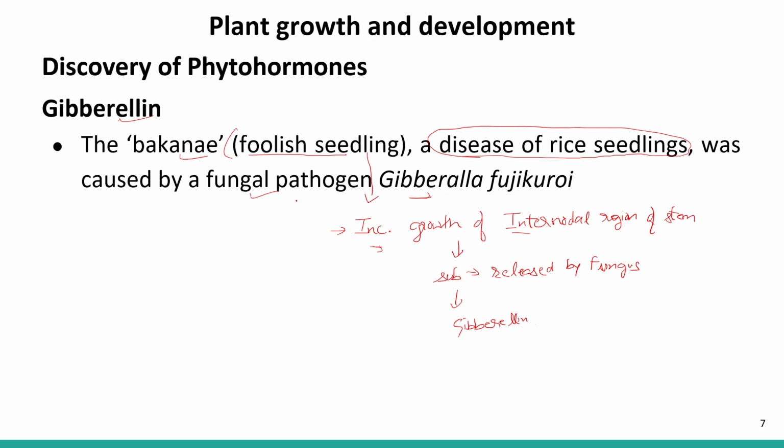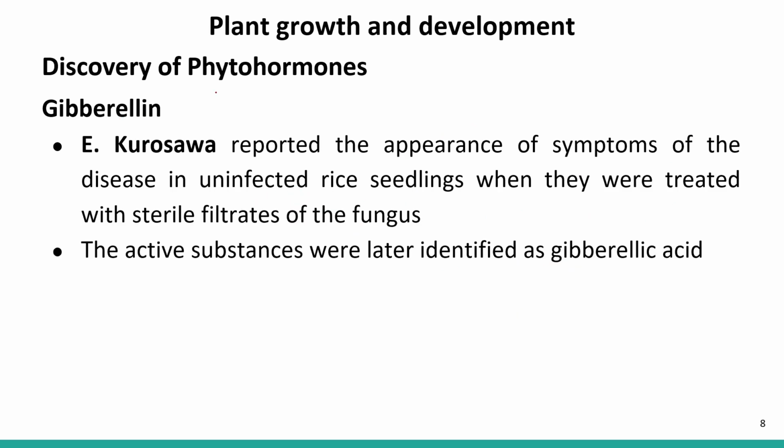Alright, this is clear. So, E. Kurosawa, a Japanese scientist, did an experiment in which he treated the uninfected rice seedlings with the sterile filtrate of the fungus. Sterile filtrate means it contains only the extract of the fungus and no other microorganism.